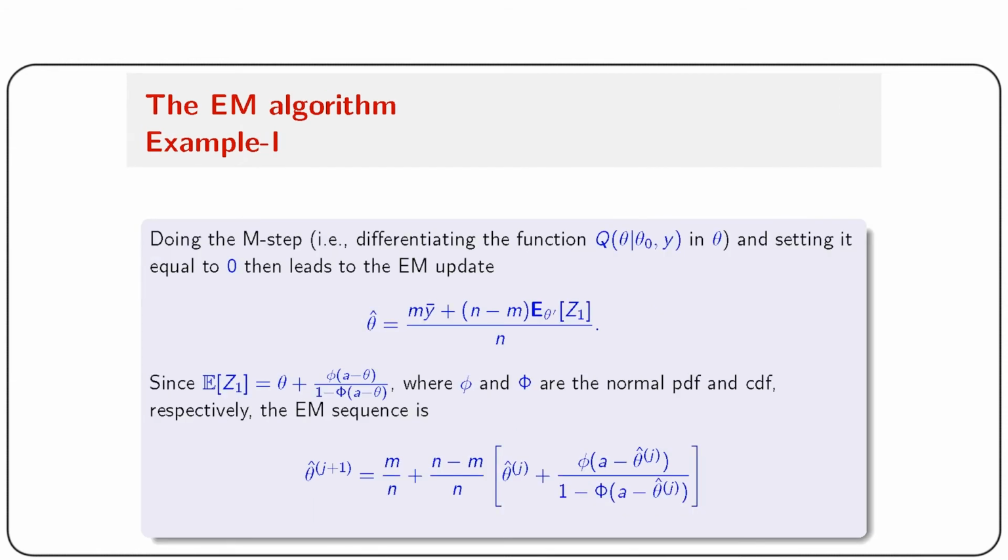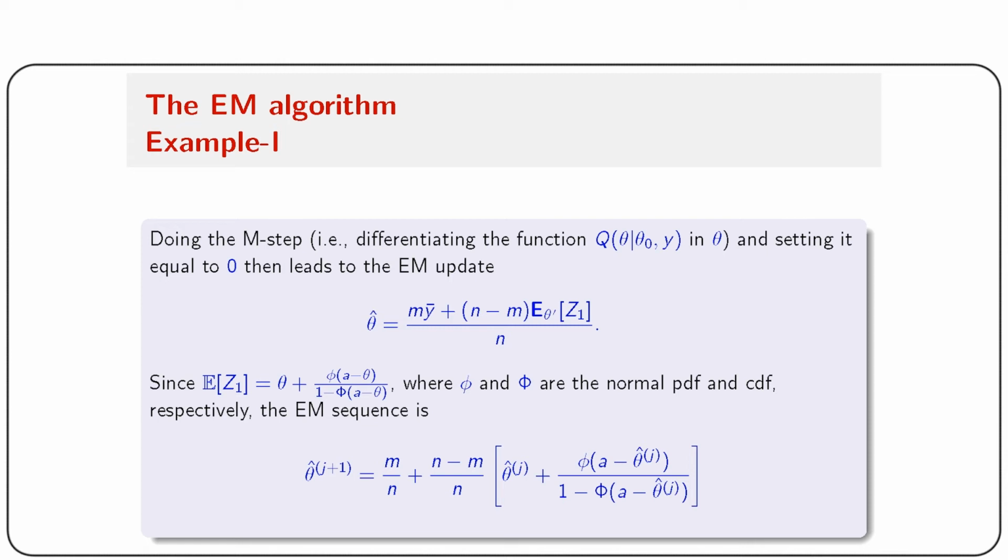Doing the M step and setting the derivative equal to 0 then leads to the EM update theta hat m. This can be shown if you calculate, and you will get this expression: theta hat equals (m y bar plus (n minus m) E theta prime of z1) divided by n, since E of z1 equals theta plus phi(a minus theta) divided by 1 minus Phi(a minus theta), where phi and capital Phi are the normal PDF and CDF respectively.